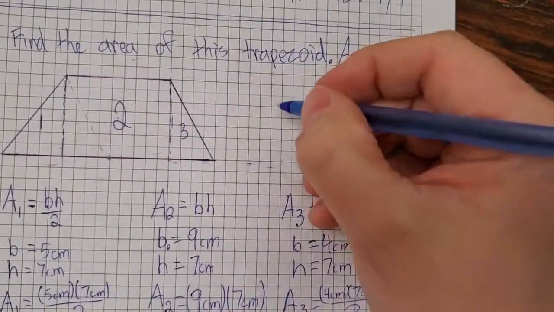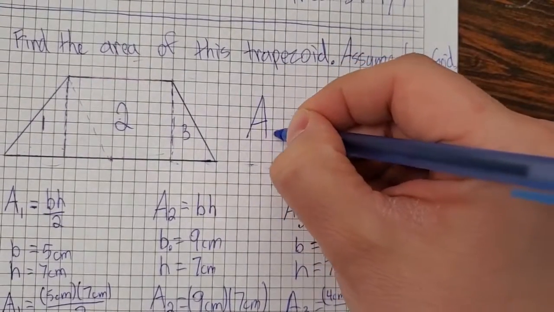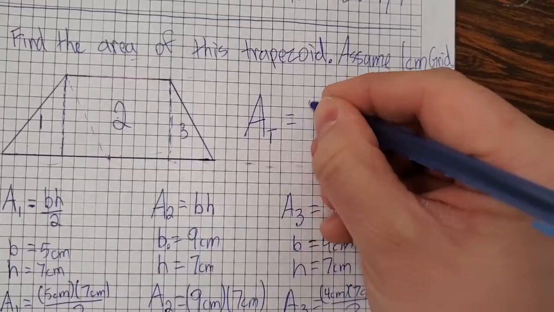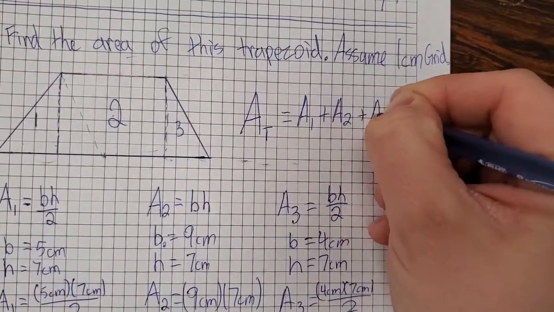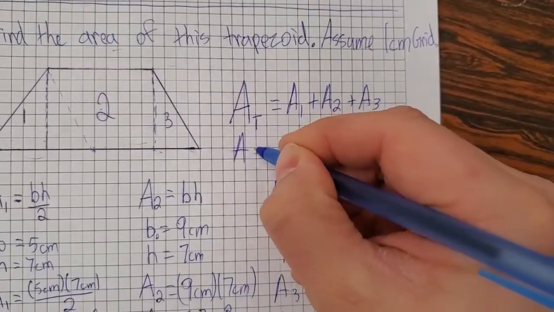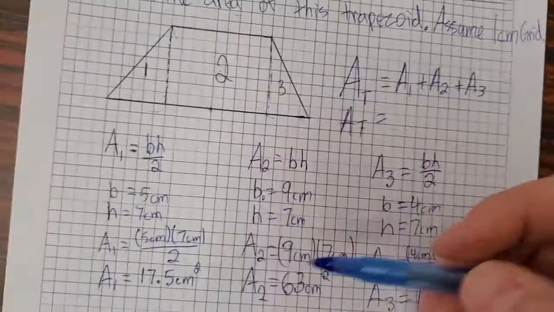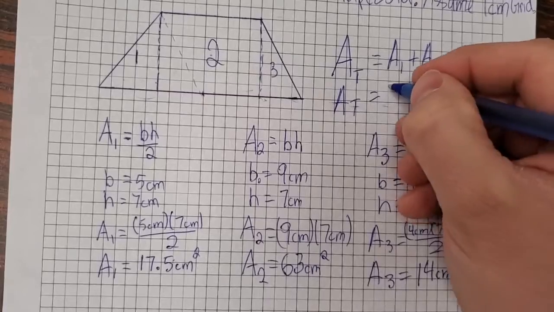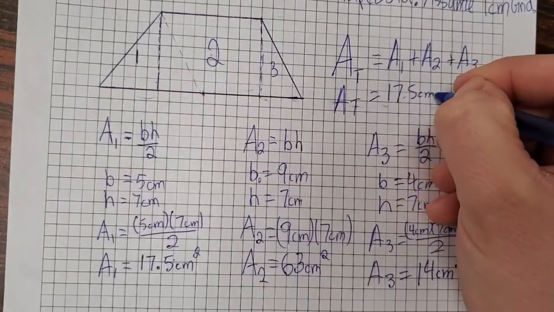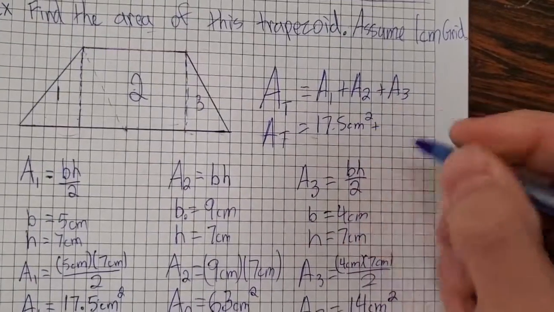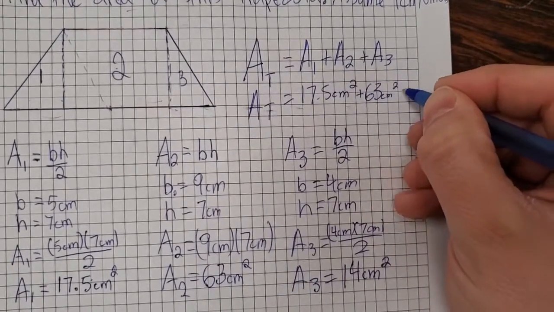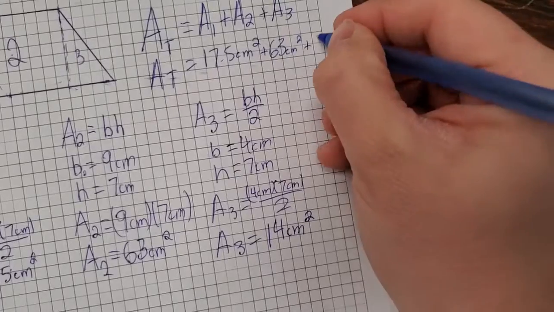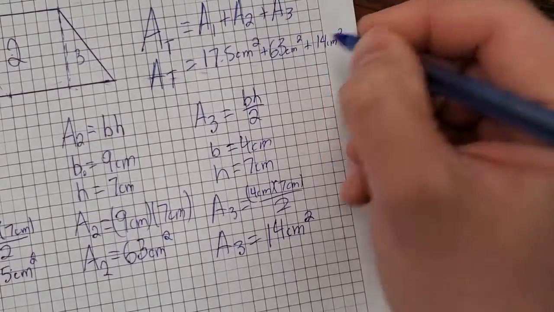So if we take our total area, that's going to be area 1 plus area 2 plus area 3. We know that our area total then will equal area 1, which is 17.5 centimeters squared, plus area 2, which is 63 centimeters squared, plus area 3, which is 14 centimeters squared.